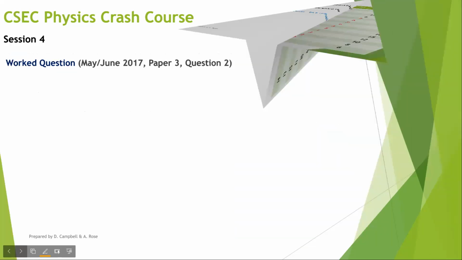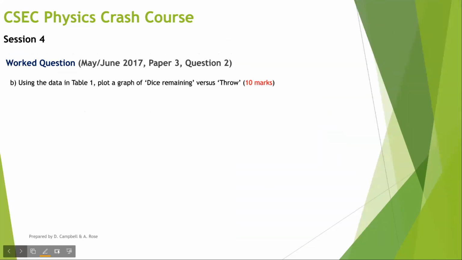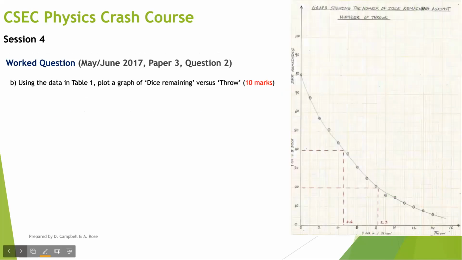So the next question says to use the data in table 1 to plot a graph of the dice remaining versus the throw. So the number of dice remaining would be on the y-axis and the throw would be on the x-axis. So we have that graph prepared.